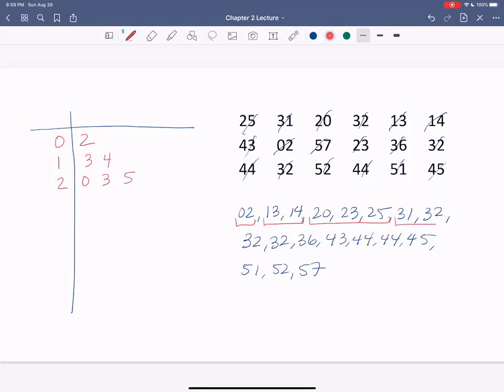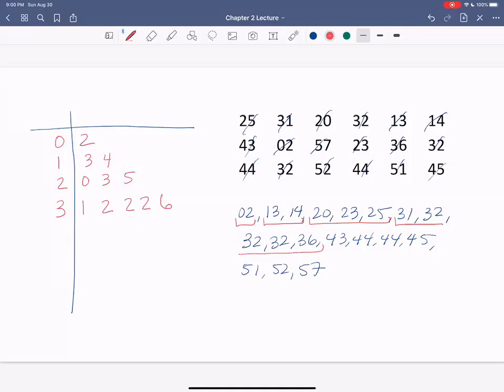Next we have our 30s, so the 3 for the 30s. We have 31, 32, and we do have 32 three times, so we do write the 2 three times. Just because it's repeated doesn't mean we just write it once. We write it as many times as it shows up. So I have 32, 32, 32, and 36.